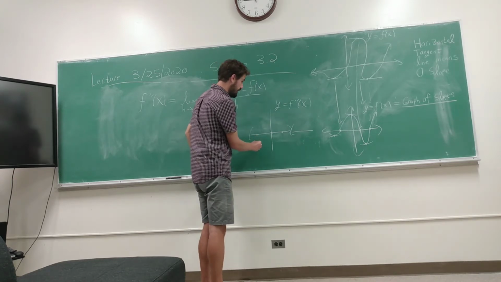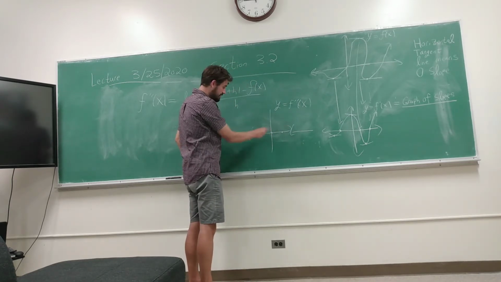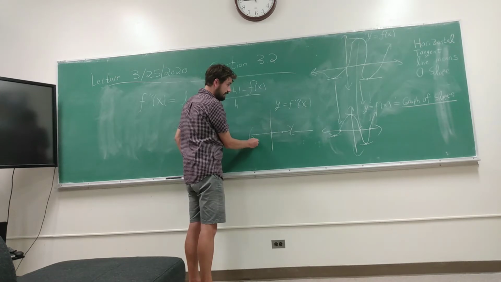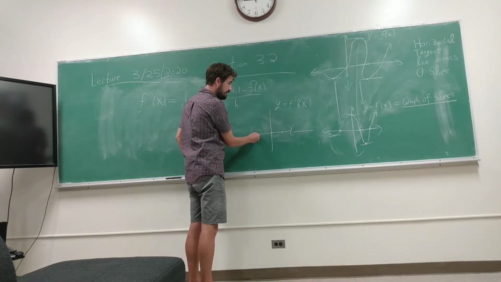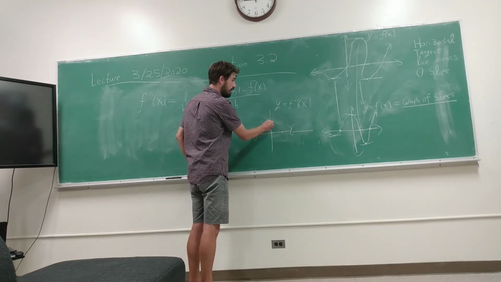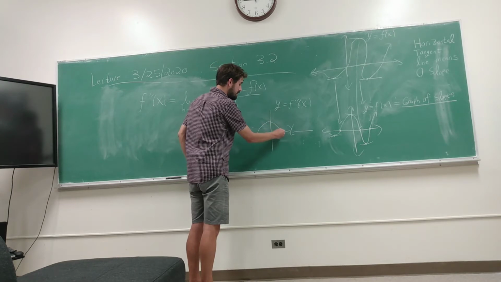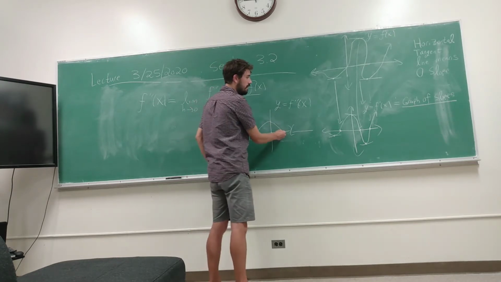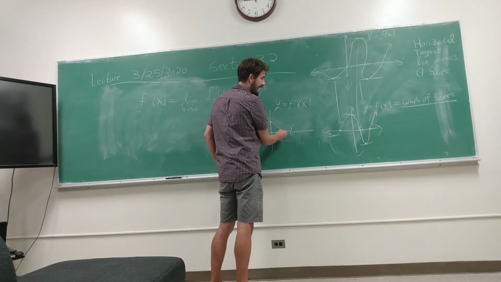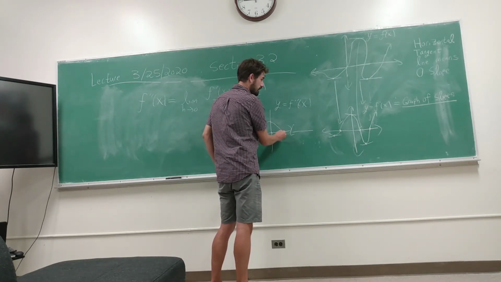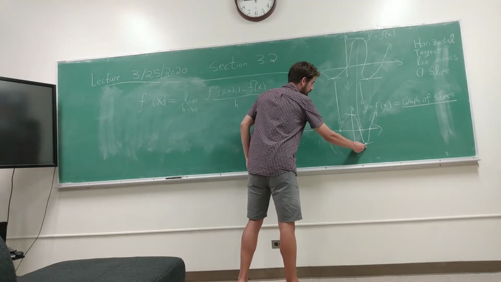Again, because f prime is decreasing, the function is decreasing. And here it starts increasing again, stays increasing to here, starts decreasing until we get here, and so that's when we're down here.